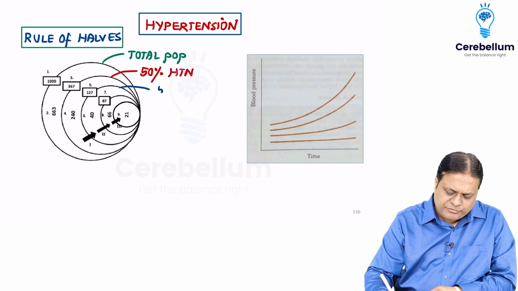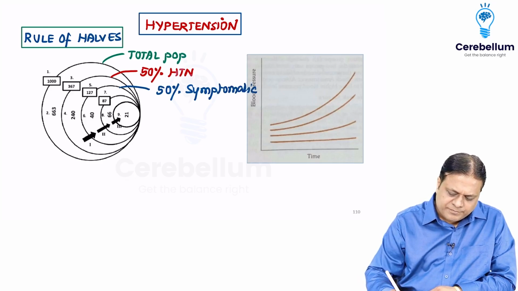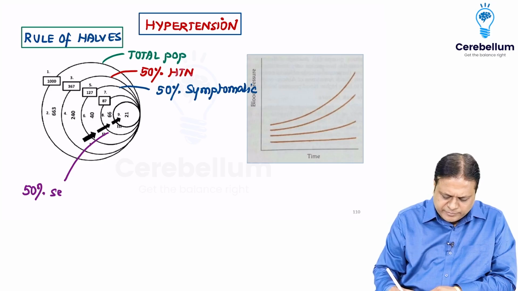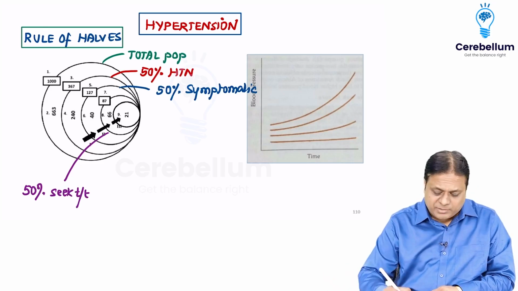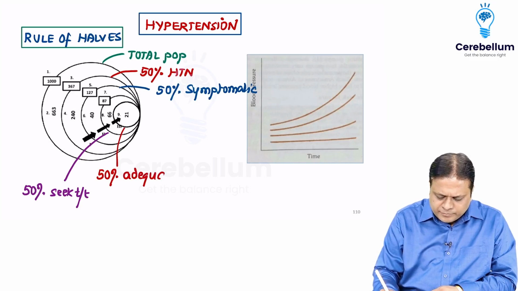About 50% of them would be symptomatic. Of those symptomatic, 50% would seek treatment. And of those who seek treatment, only 50% will get adequate treatment.